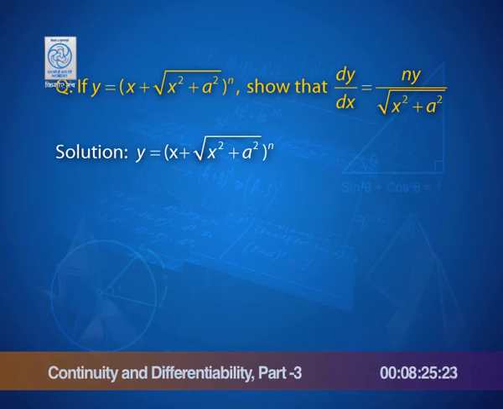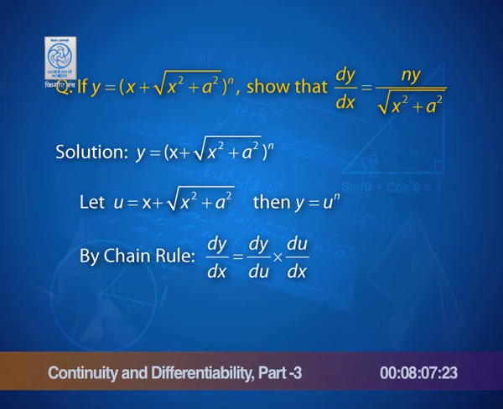Let us take the inner function, that is the function which is the base, to be u. So, let u be x plus root of x square plus a square. So, clearly y is equal to u to the power n, and therefore, by chain rule the derivative of y can be read as derivative of y with respect to u into derivative of u with respect to x.